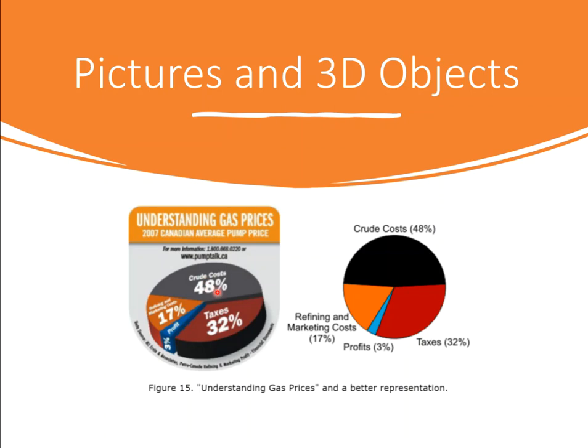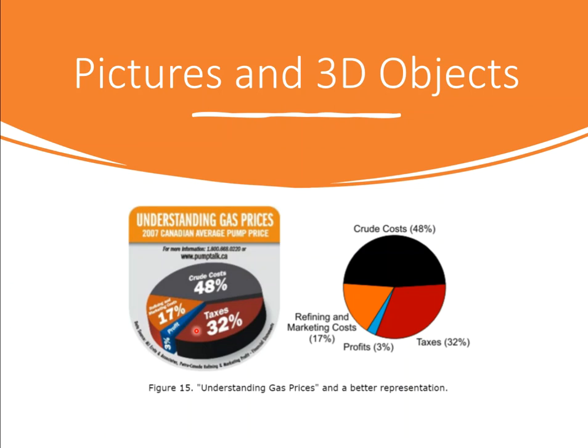So crude costs are 48%, taxes represent only 32%. 48 is obviously larger than 32, but notice when the graph is 3D like this, the pie shape of 32% seems to hold a little more weight to my eye. My eye is giving the overall impression that this 32% is really a thicker piece of the pie, if you will.